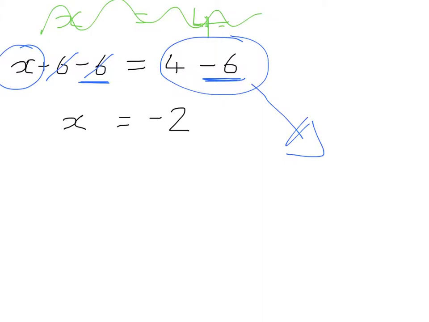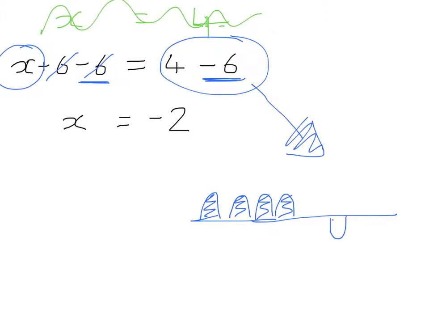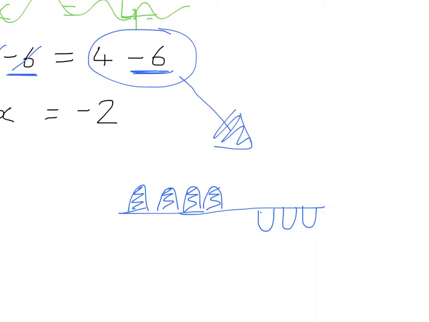A really helpful visualization is to say 4 is that you've got, here's some ground, you've got 4 piles of dirt, all the same height, the same amount of dirt, and then because you're subtracting 6, you've got 6 holes in the ground that are equal in size to those 4 bits. So 4 piles of dirt and 6 holes.